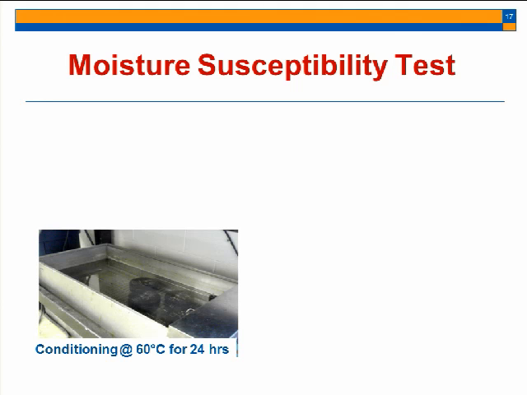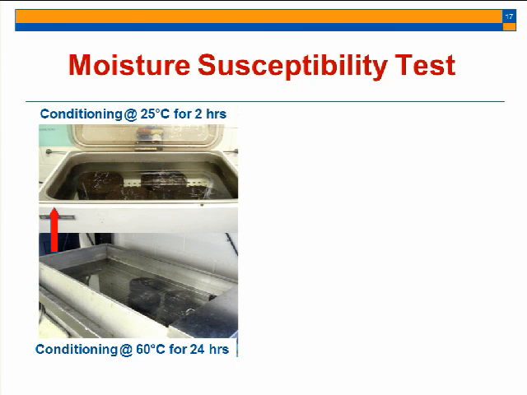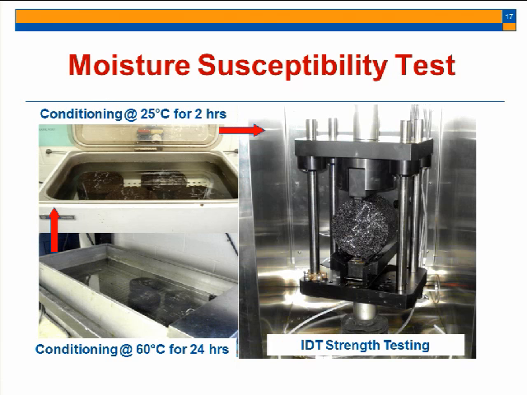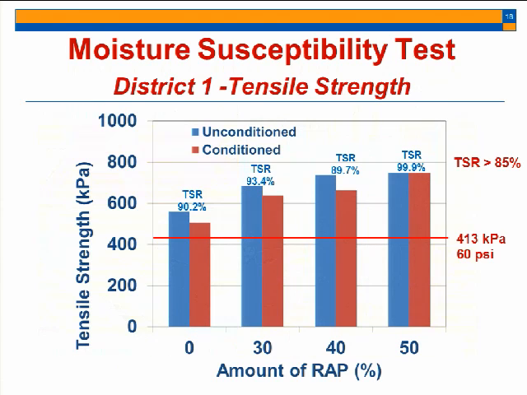So we follow the IDOT modified AASHTO Lottman test, in which we condition the samples for 24 hours at 60 degrees centigrade, followed by 2 hours conditioning at 25 degrees centigrade, and then we do the IDT strength test.